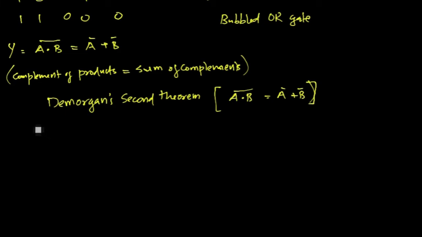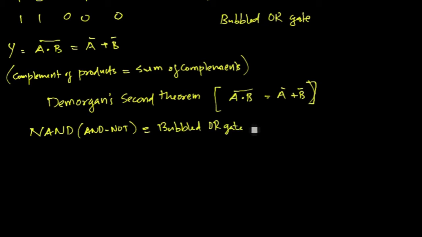What we obtained here is that a NAND gate, the combination of AND and NOT gate, is identical to a bubbled OR gate, which is actually two NOT gates followed by an OR gate.